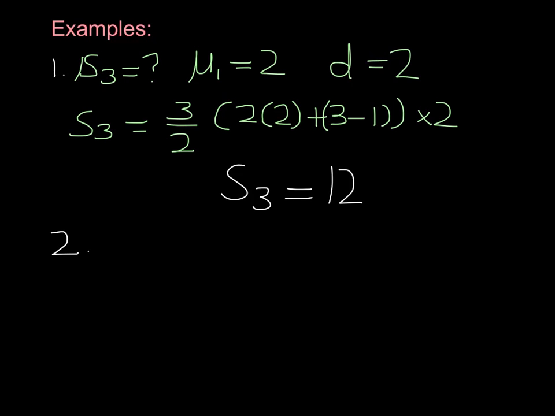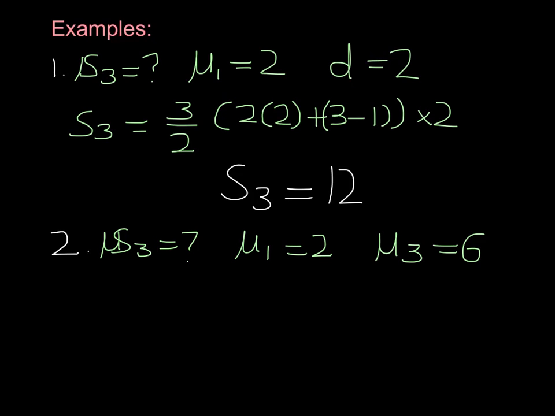Now, if we have another exercise, when you are given that you need to find S3, and they tell you that u1 is 2, and that u3 is 6, it will be S3 equals 3 over 2 times 2 plus 6.